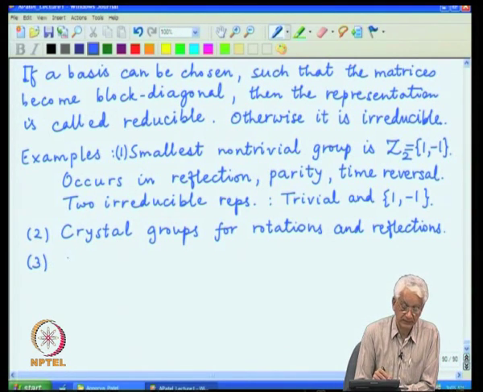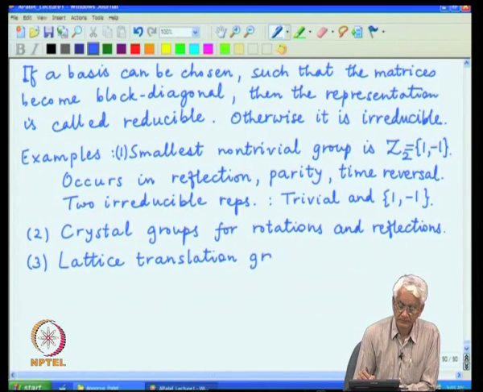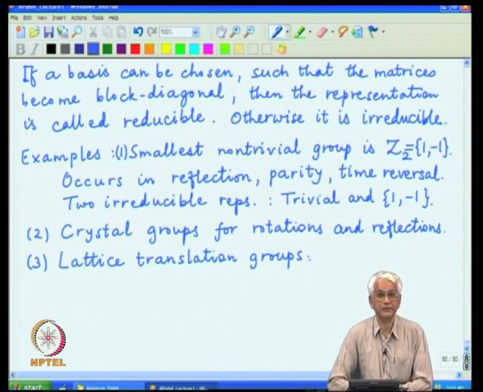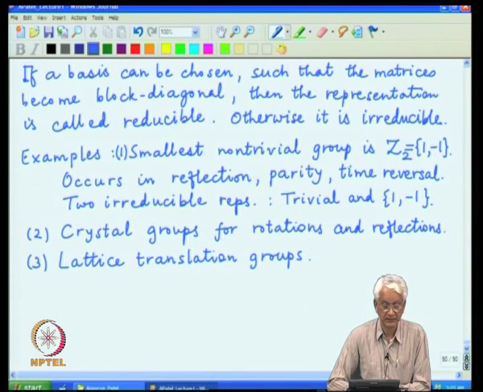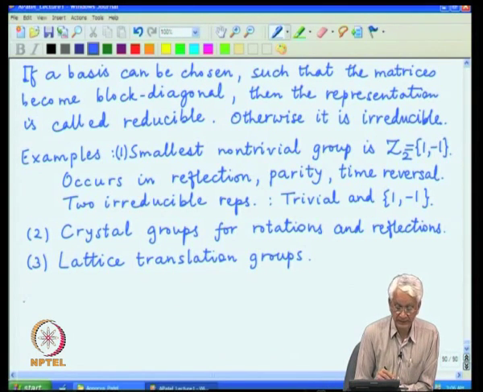Then there are groups for lattice translation, which are infinite on an infinite lattice. They will roughly correspond to a set of integers on a periodic lattice. Then one can have continuous groups as well.